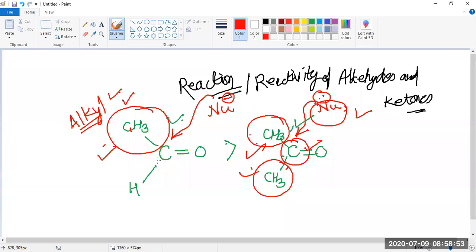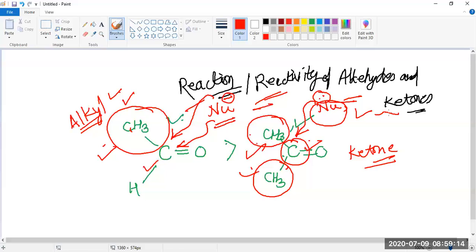In aldehyde only one bulky group is present. So the nucleophilic approach becomes easier, but in ketone it is very difficult. This is the first factor which affects the reactivity of aldehyde and ketone. I think this point is clear to you.